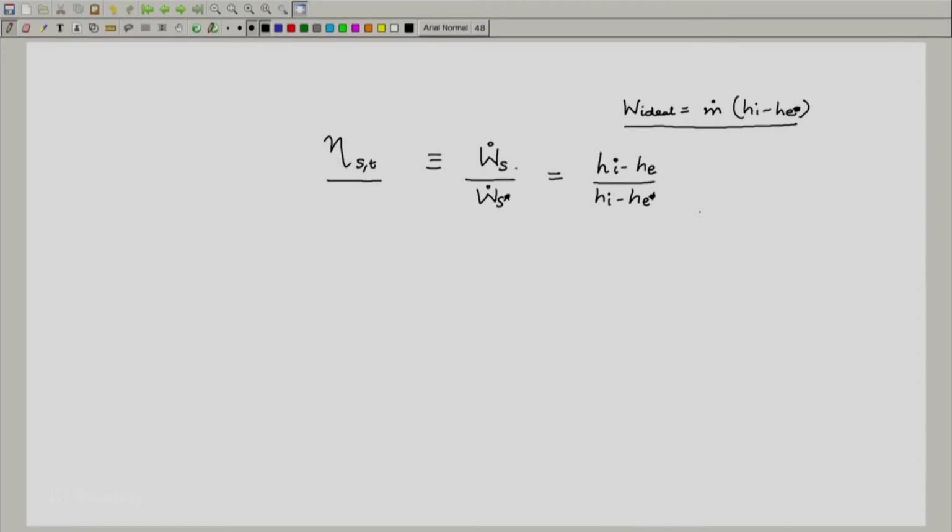And since W dot S star is greater than W dot S, this number will be less than or equal to 1, and this is the so called isentropic efficiency of a turbine. Of course, we could have other efficiencies related to mechanical behavior of the turbine, etc., but this is a purely thermodynamic quantity that we are discussing here.